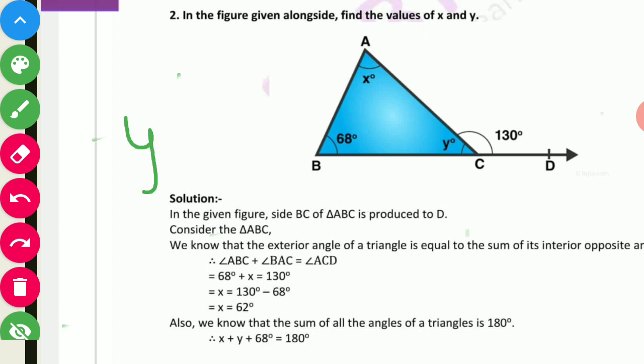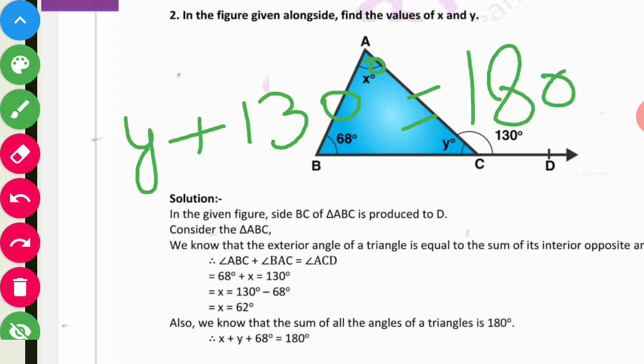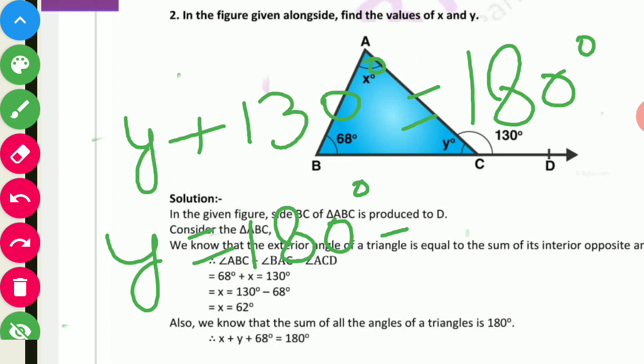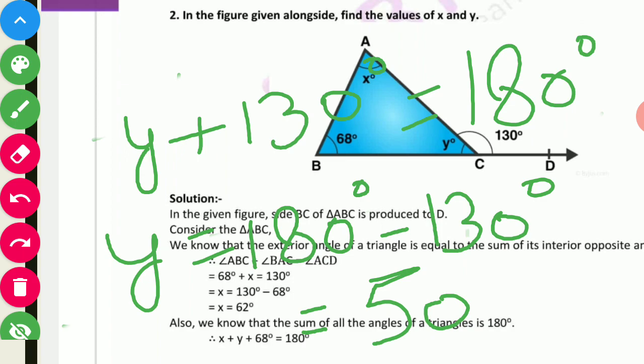So y plus 130 degrees will be equal to 180 degrees. So the y value will be 180 degrees minus 130 degrees, which is equal to 50 degrees. So this way you will calculate angle y.